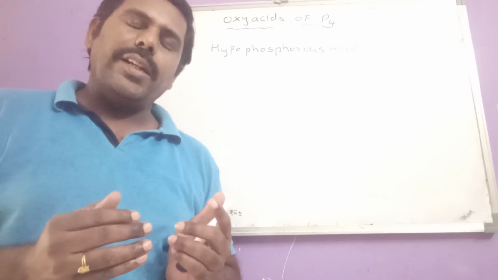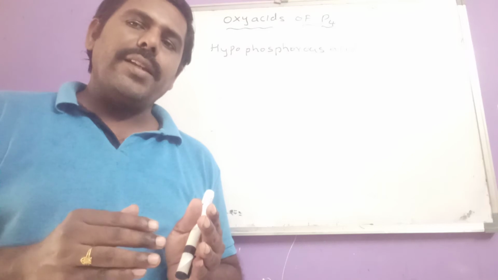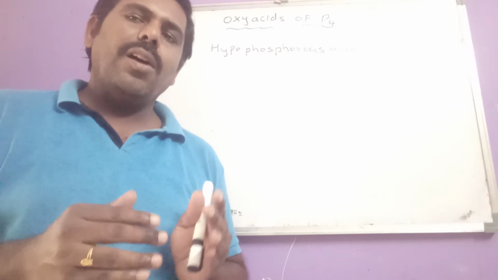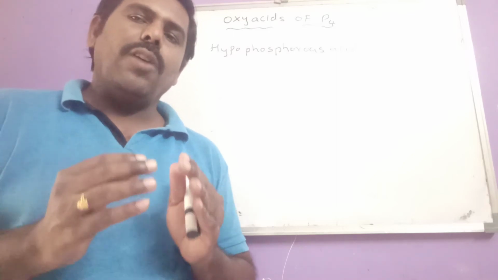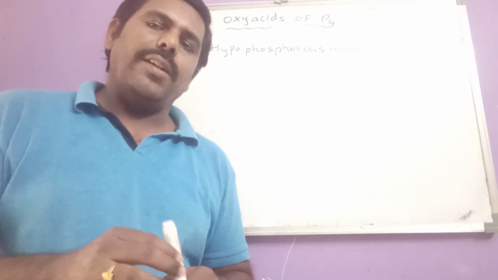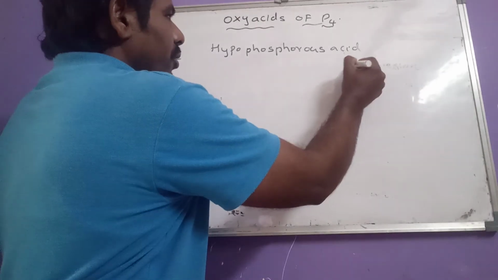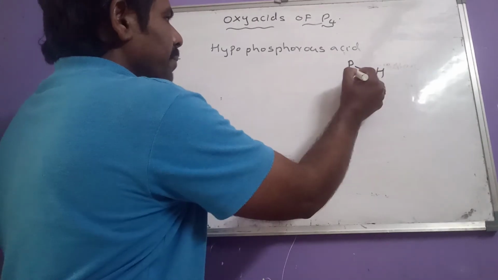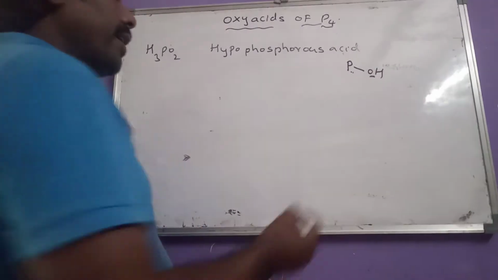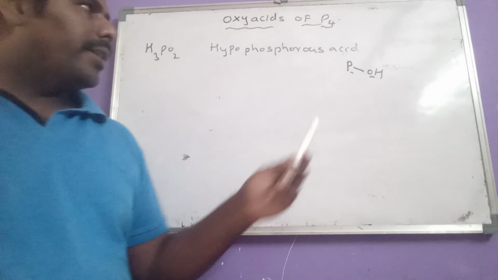of each and every acid, and whether it acts as a reducing agent or not. So how to determine these two facts here? Let us see what are the facts. Now the OH groups bonded to phosphorus indicate basicity.